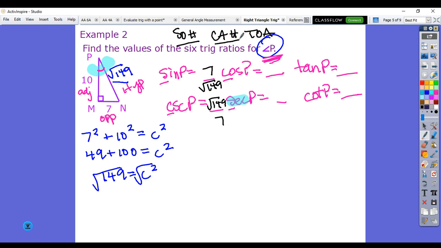Cosine, A over H. Then for the reciprocal, flip it. Whatever you put for sine, flip it for cosecant. Whatever you put for cosine, flip it for secant. Tangent, O over A. O is 7, A is 10. Flip it for the reciprocal. So really just getting set up to put the answers is the most annoying. Once you have everything set up, it's pretty easy to fill in.